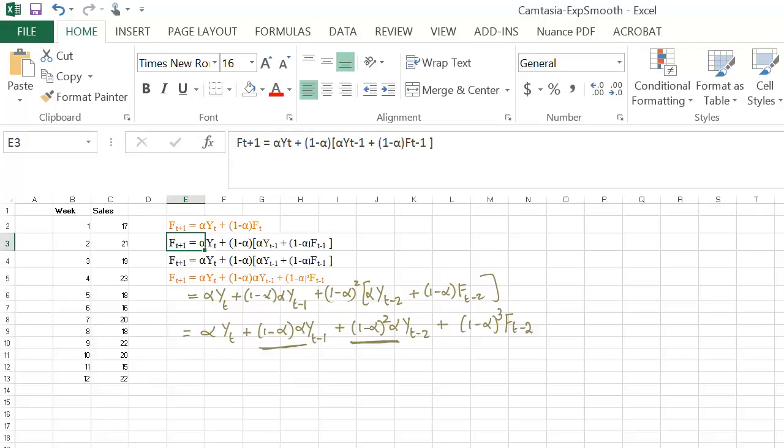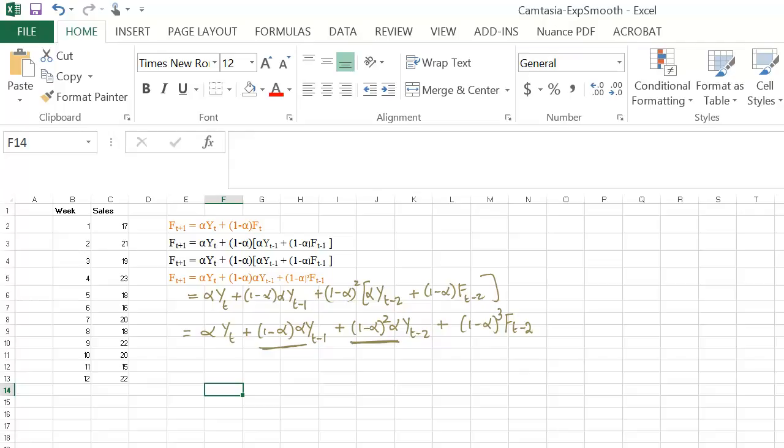If we expand this expression, to save us a little time, if you come to this expression over here at the end, which is equal to alpha times y t plus 1 minus alpha times alpha y t minus 1, etc., we don't need to go into the math, but all I want you to do is focus on the pattern of the coefficients.